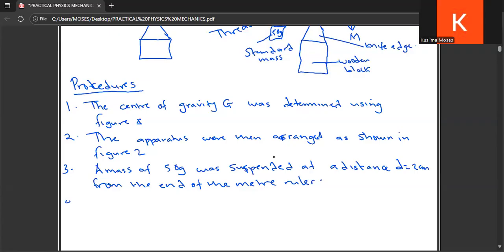Remember, we are numbering them using numerical values, or you can be using letters.